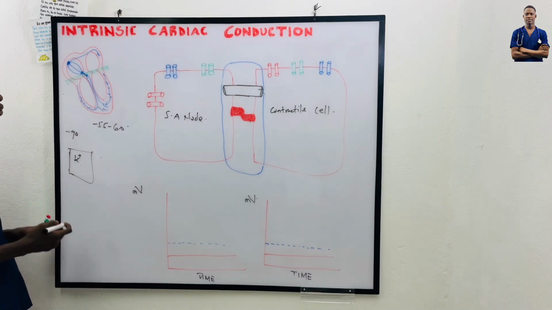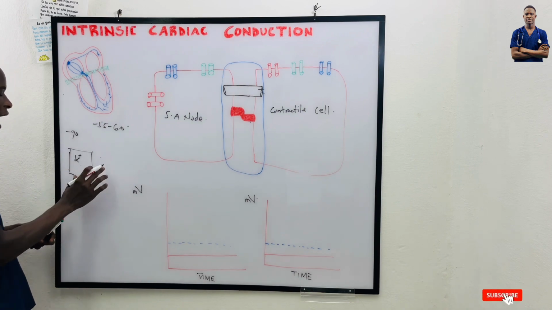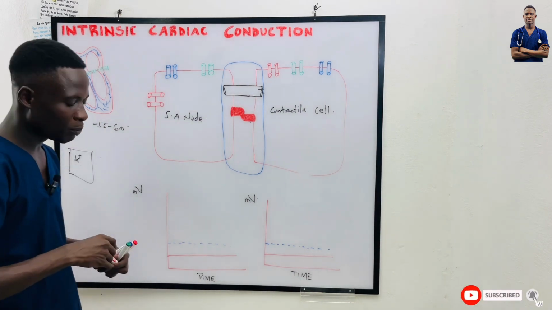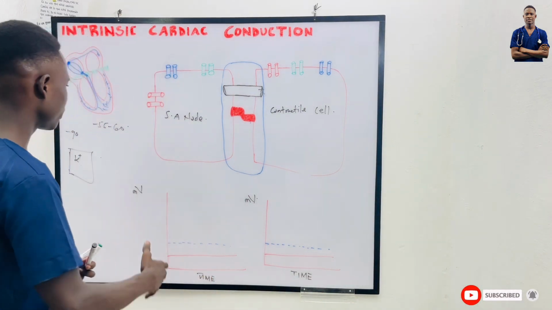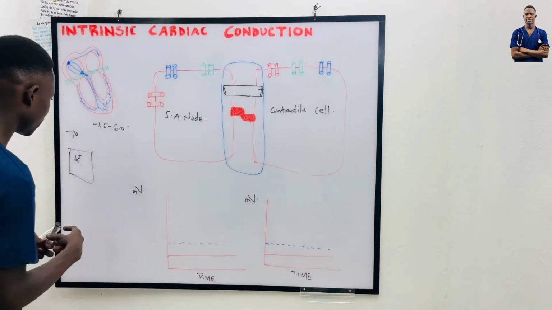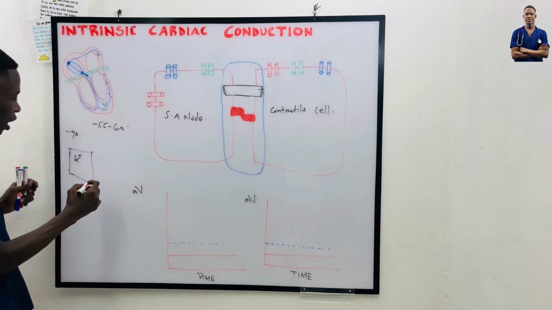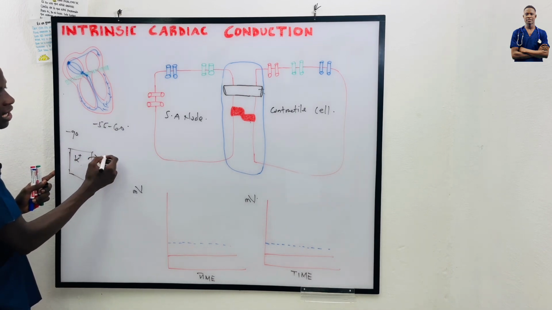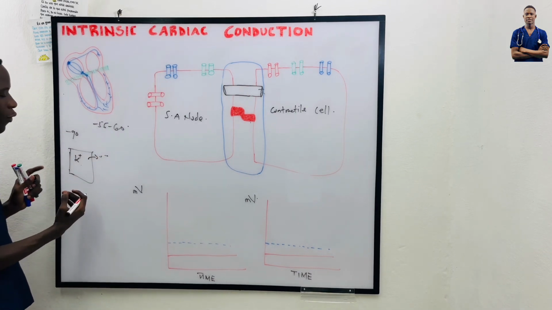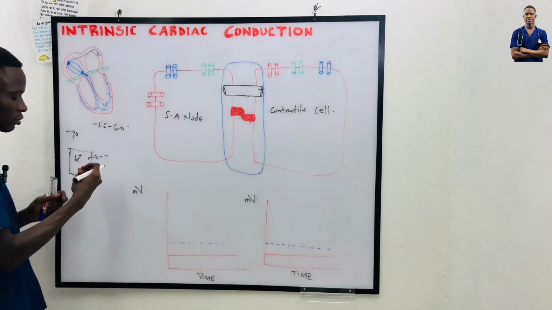When you open the channels of these ions, the ions move from a place of high concentration to a place of low concentration. That is the law of diffusion, which they obey. If you open this channel, potassium will move outside the cell, creating more room for electronegative ions, more electronegativity of the cell.